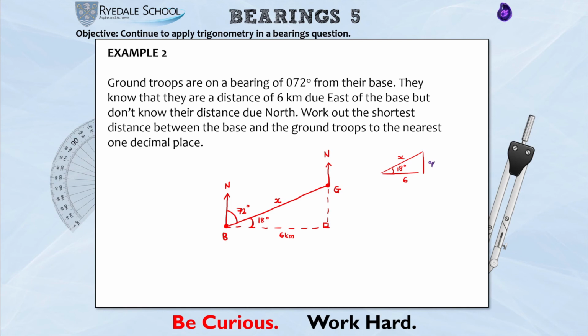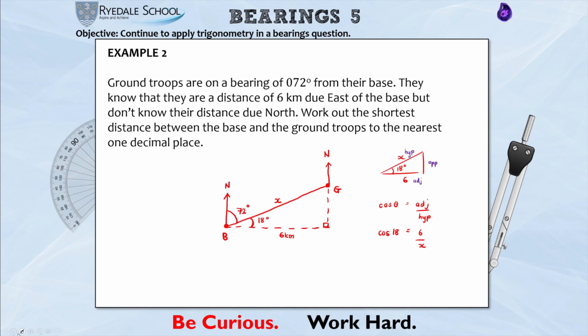This is opposite. This is hypotenuse. This is adjacent. It is another cosine question. So let's set this up. Cosine theta is adjacent over hypotenuse. So cos of 18 is 6 over x.